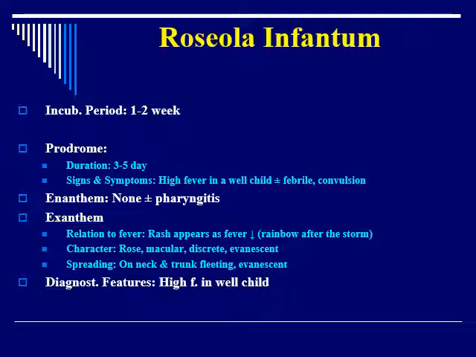Treatment is symptomatic treatment, and there is no vaccine for Roseola infantum. The pathognomonic sign is the appearance of the rash with the drop of temperature, unlike all the other exanthematous fevers.